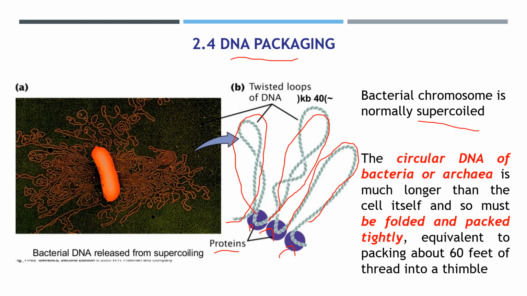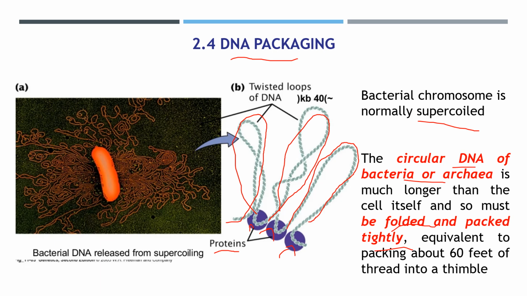So there are different ways that the circular DNA of bacteria and archaea get folded and packed tightly. And when you remove these two layers, the twist, the loops, and the supercoil, this is what happens.